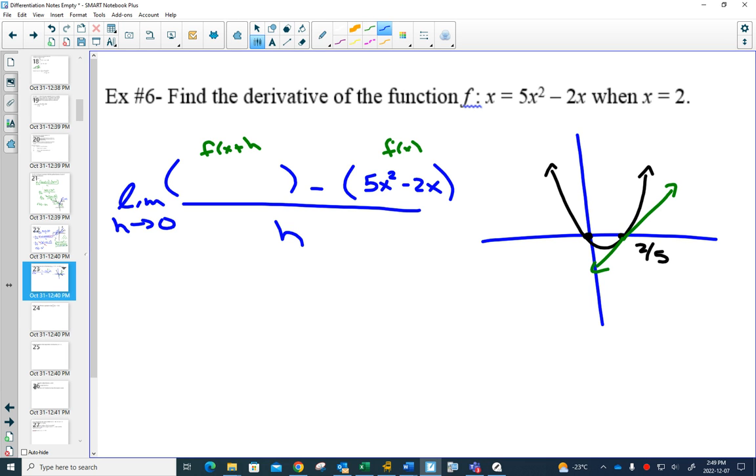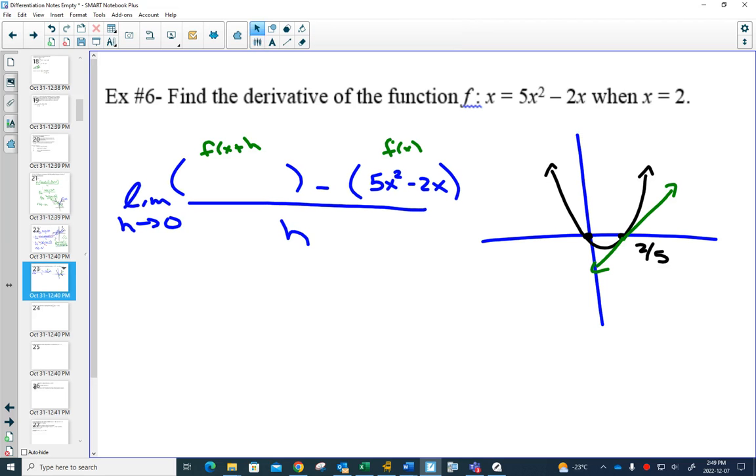I most likely did not leave enough room. I'll make my bracket a little bit bigger to make it all fit in.